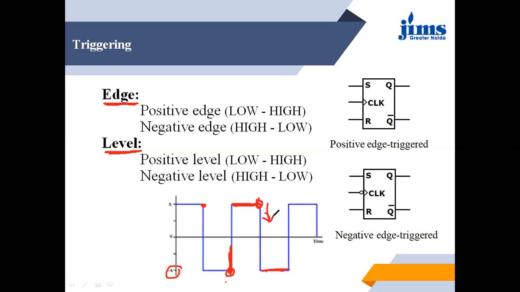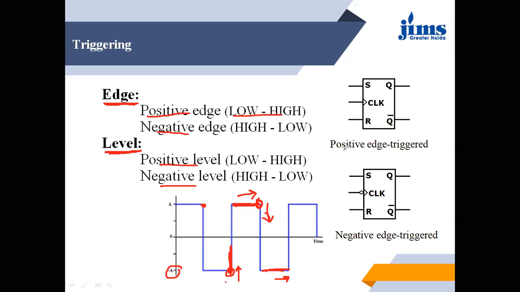So the values can be changed either at the positive edge or at the negative edge, either on the positive level or on the negative level. So this is the change in the value.